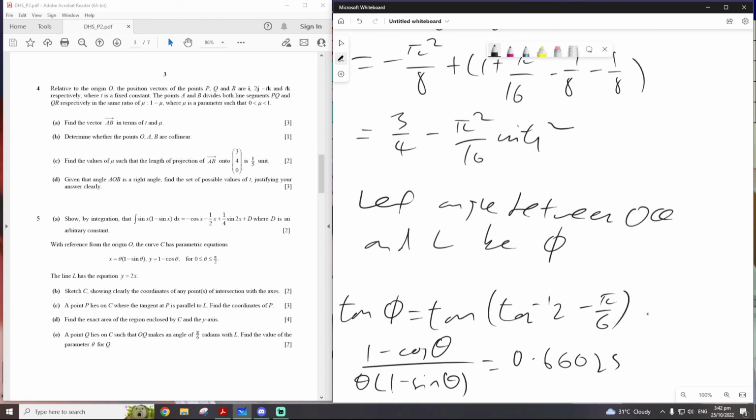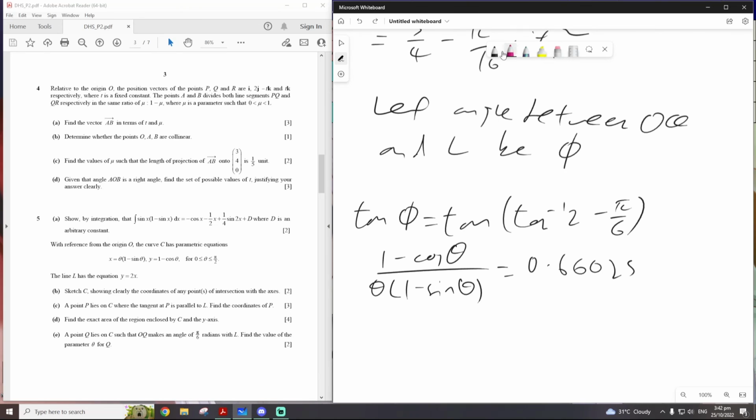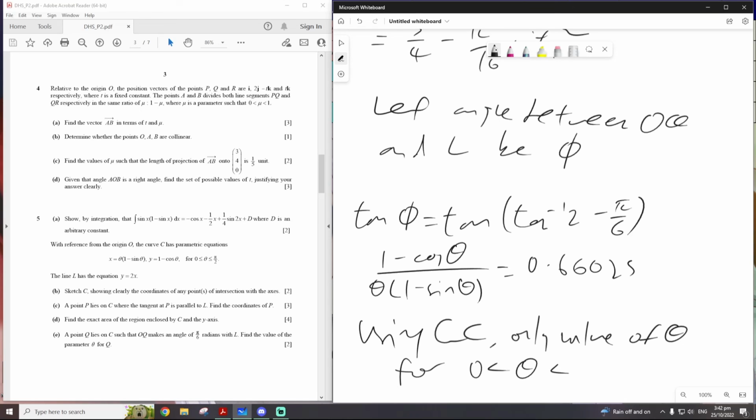So using GC, the only value of theta for 0 to pi over 2, right, is 0.596. Yeah, so this will be the corresponding parameter.